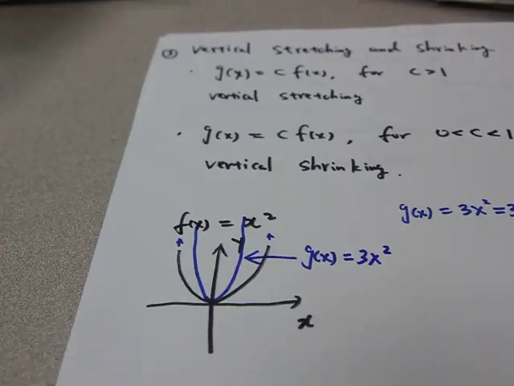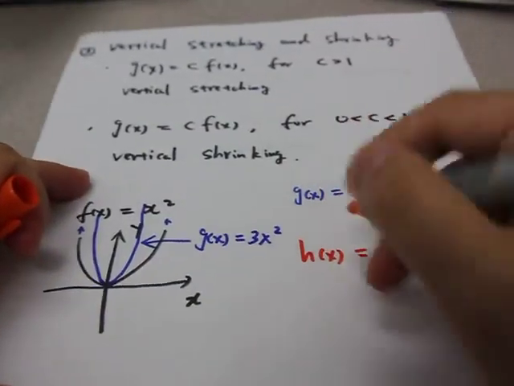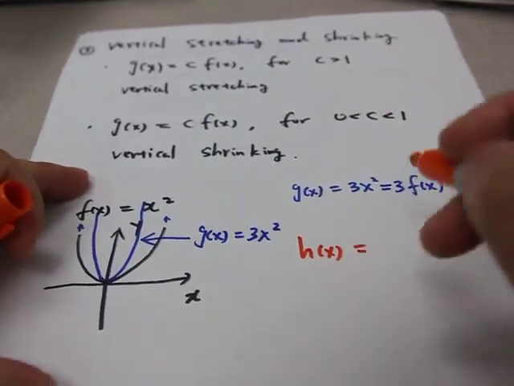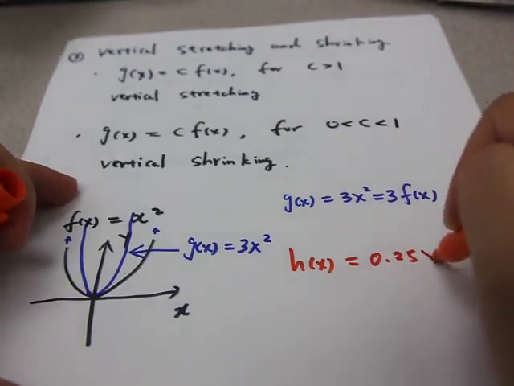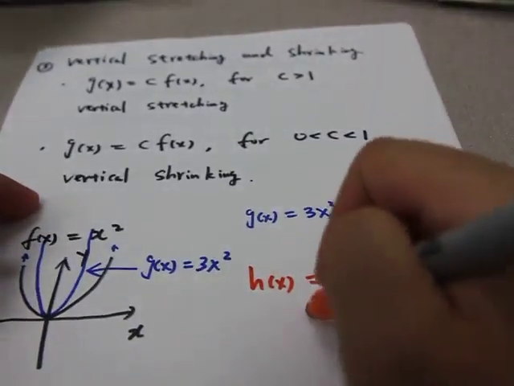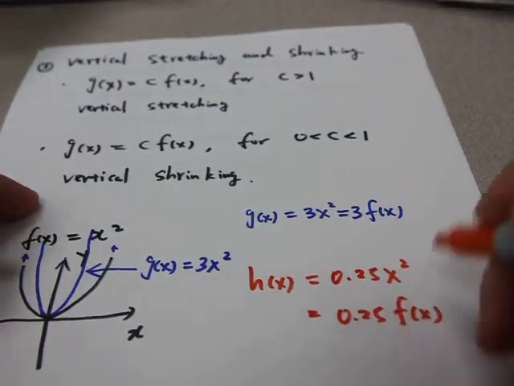And if I want to graph h(x) equals 0.25 x squared, this time we multiply f(x) by this number 0.25.